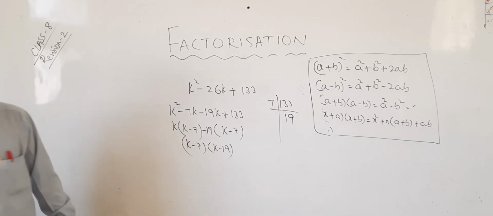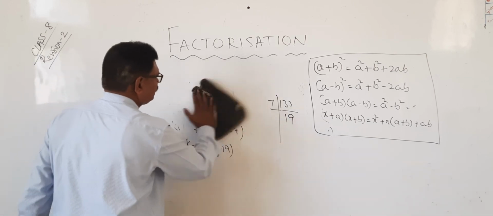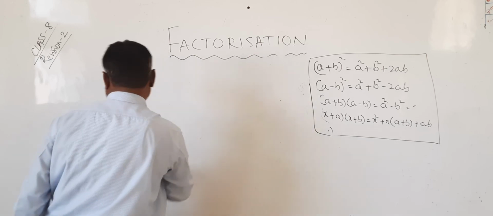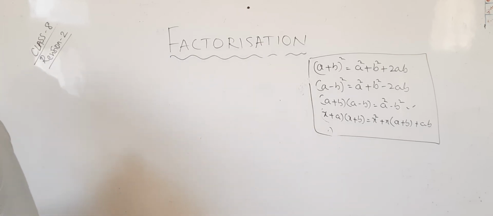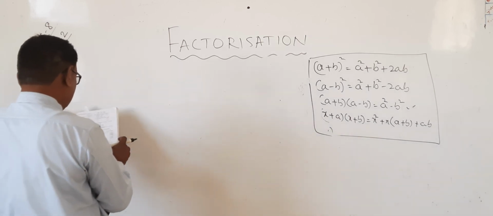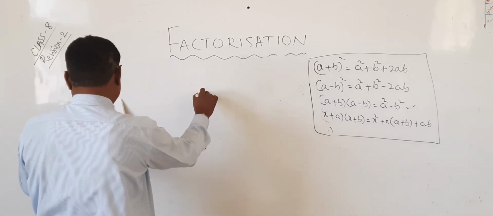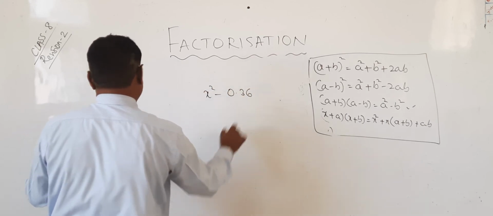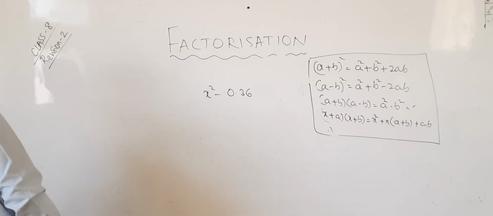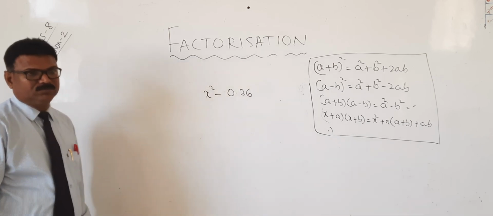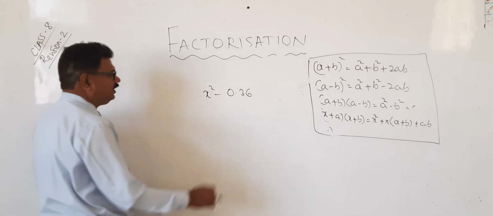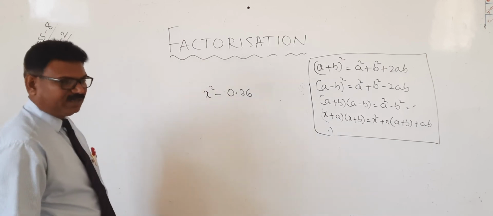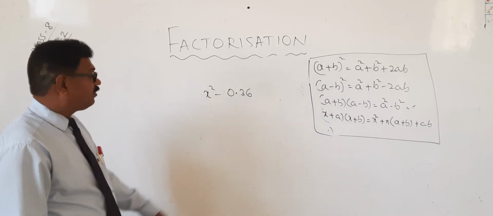Okay? Yes. One more problem. x square minus 0.36. So here x square is a perfect square.